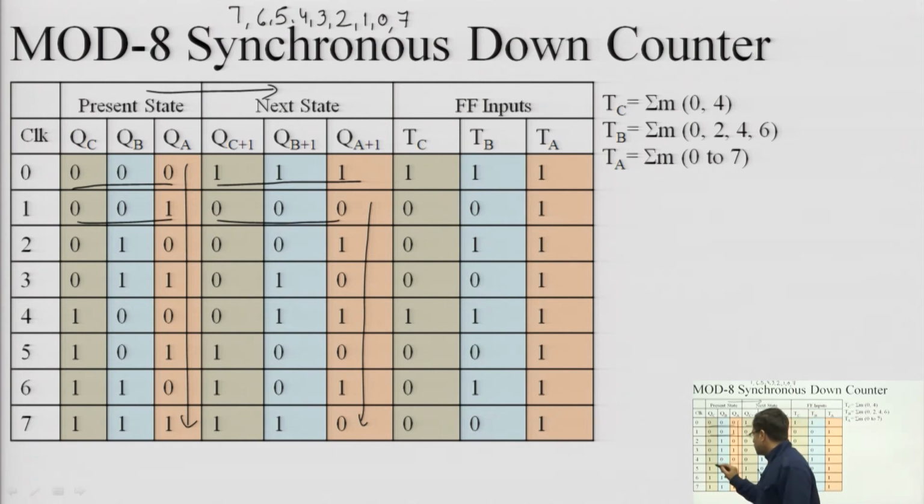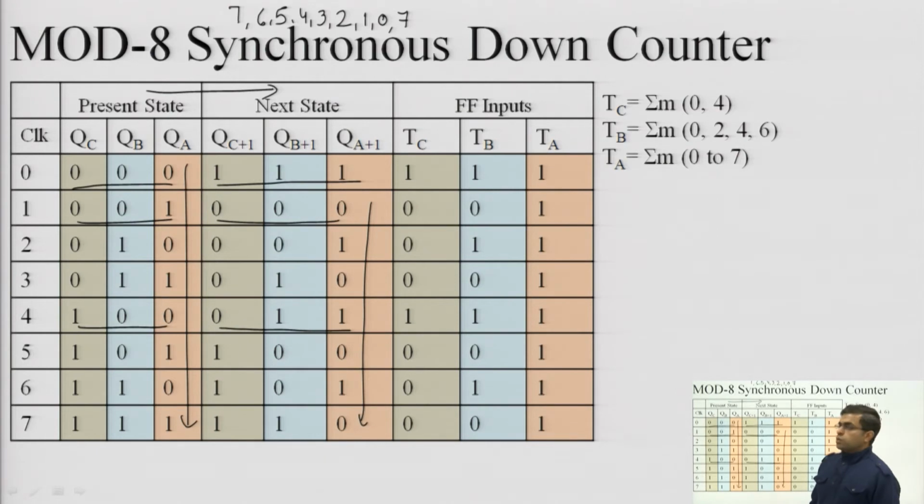For 100, that means 4, the next state will be 3, 011. So, this present to next state flow decides the counter operation. The flow is 0 to 7 in both cases, but the next states are different depending on up or down counting.